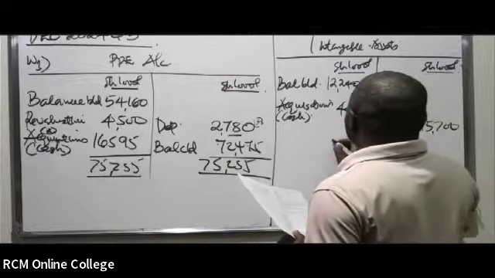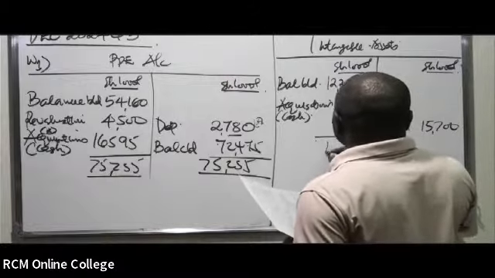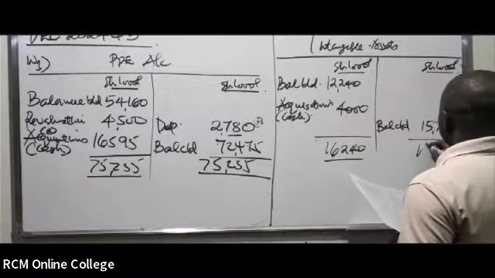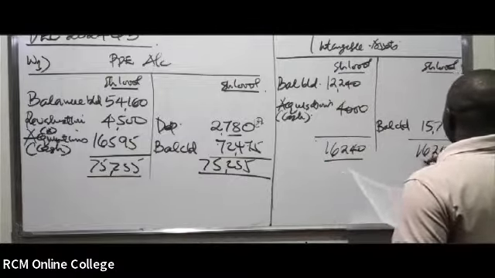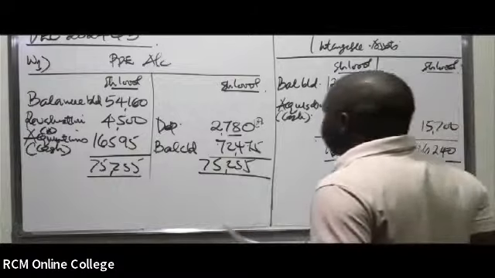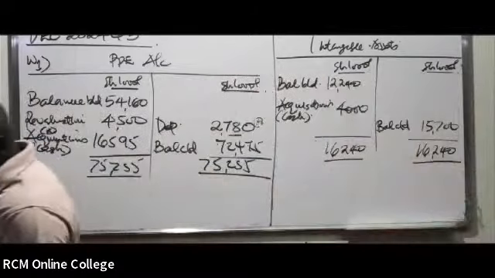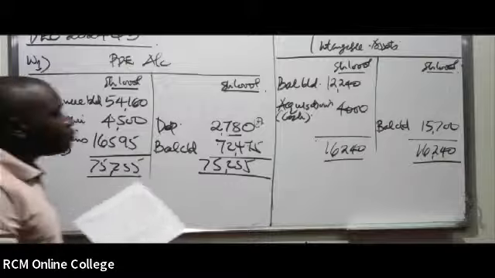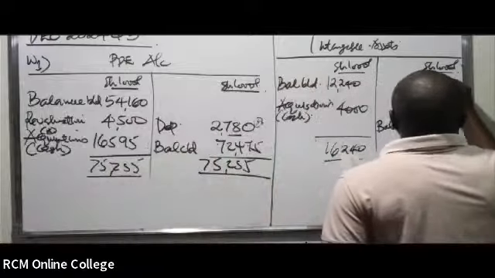And therefore, you can see we are getting 16,240, and this one is 16,240. So what is the balancing figure there? You're getting exactly 540. So that 540 is the loss of value.